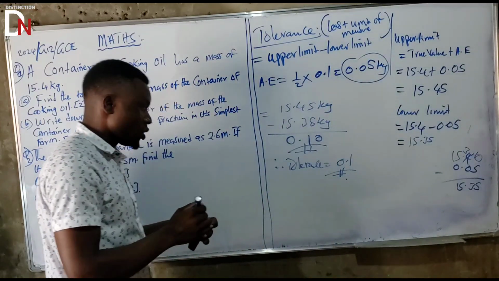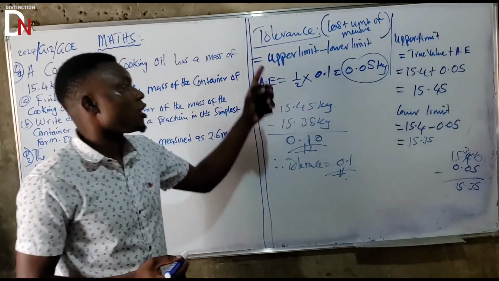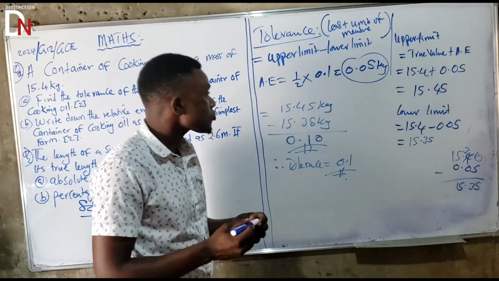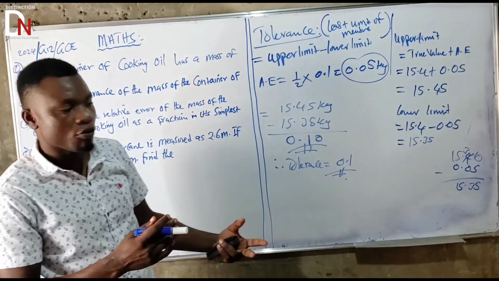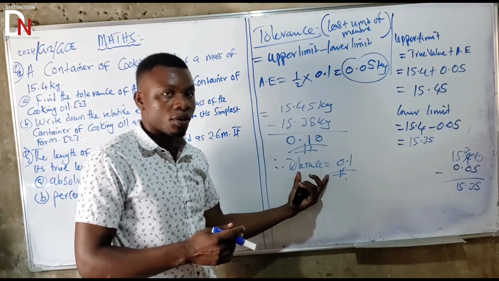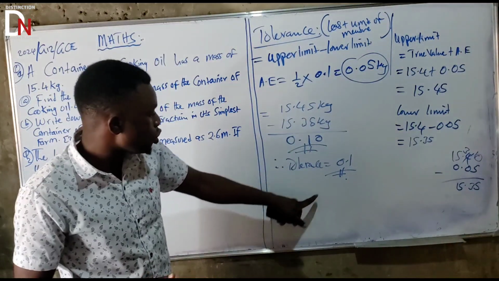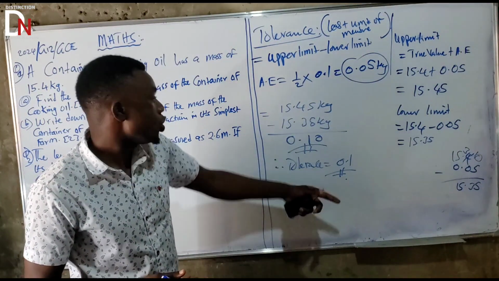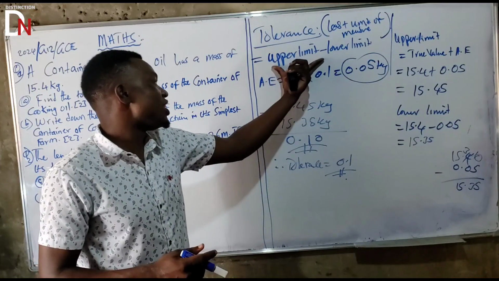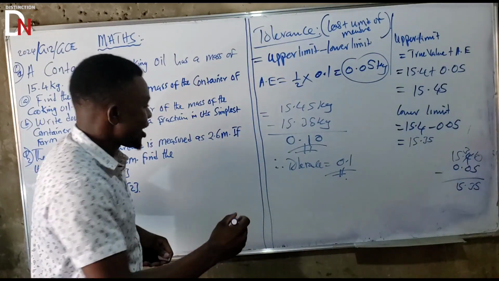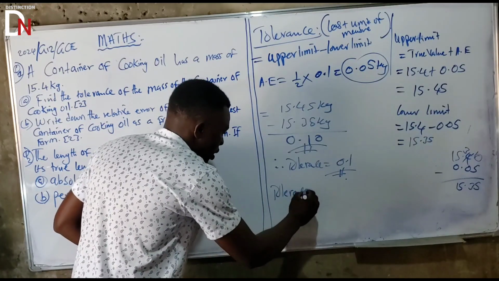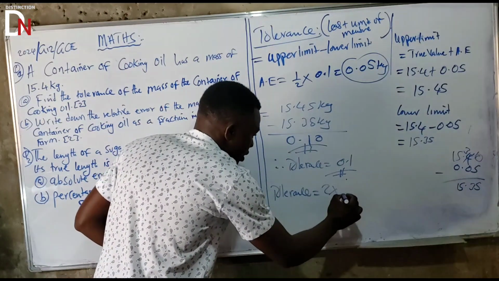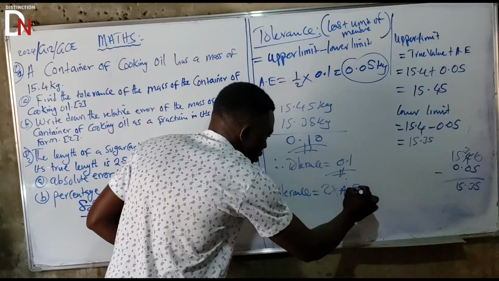Good. So this is very simple: one would know the tolerance answer is this, and now it's just a matter of showing the working. Or if you don't want to use this formula, you can just say: remember, tolerance is basically 2 multiplied by the absolute error.